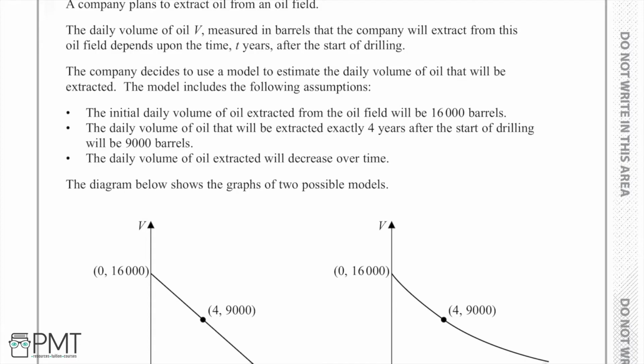The daily volume of oil that will be extracted exactly 4 years after the start of the drilling will be 9,000 barrels. And we're told that the daily volume of oil extracted over time will decrease. And this makes sense because we know that oil is a finite source which will eventually run out.